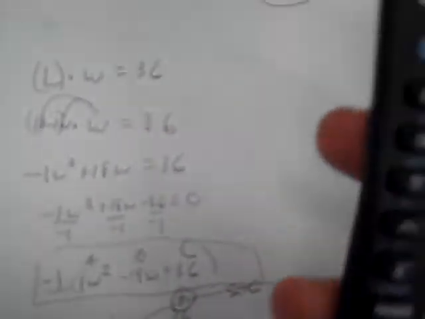So 18 plus 13.42 equals, divide by 2, so I got 15.71. And the other one's probably going to be a negative, we'll see. No, I don't think it is. 18 minus 13.42.